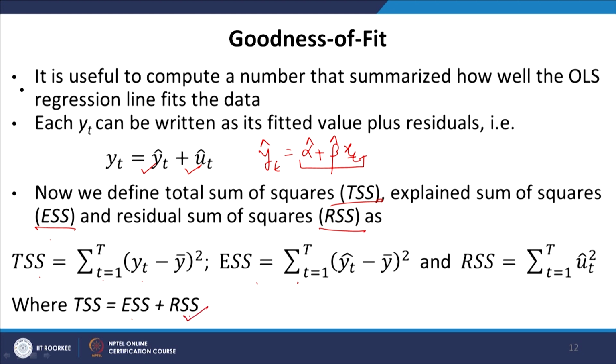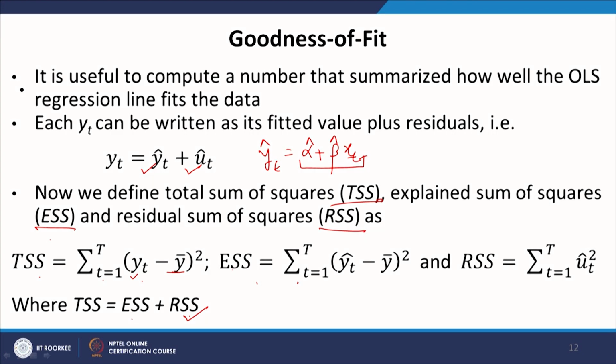This is something we are going to prove in the next slide, but before that you note TSS is total sum of squares. Now, what is the sum? The sum is the deviation of the actual observations from the mean value of the series y.